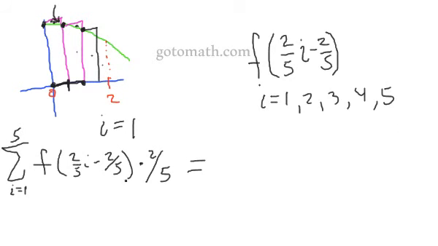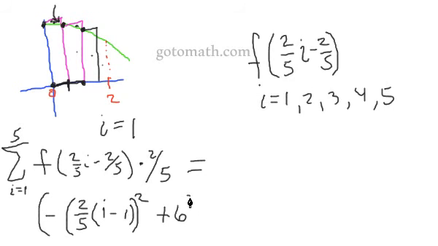So how do we decipher this? Well, we write 2/5 i minus 2/5. Actually, I'm going to factor that 2/5 out if you don't mind. Then we have i minus 1, quantity squared, and that means all of this right here. And then remember we had the minus sign out here and then the plus 6, and let's put parentheses around this, and then of course we've got the 2/5.